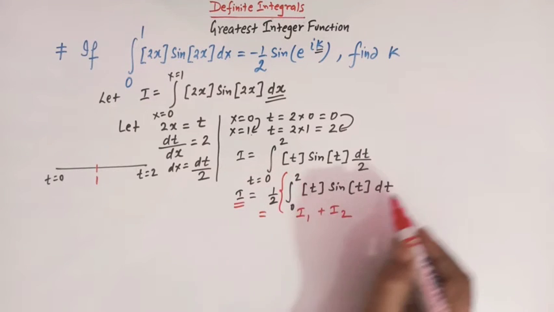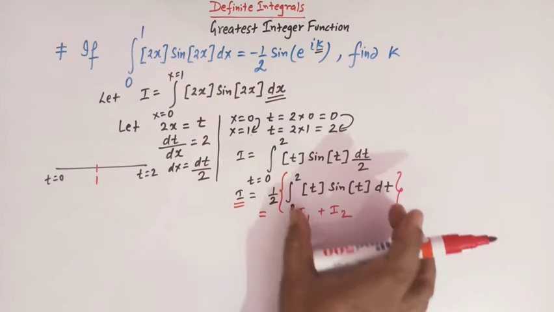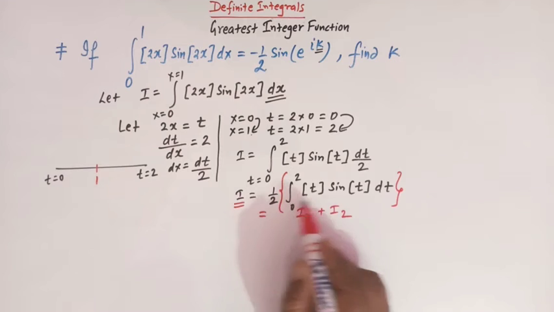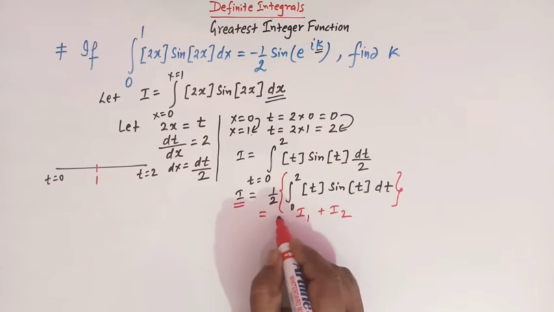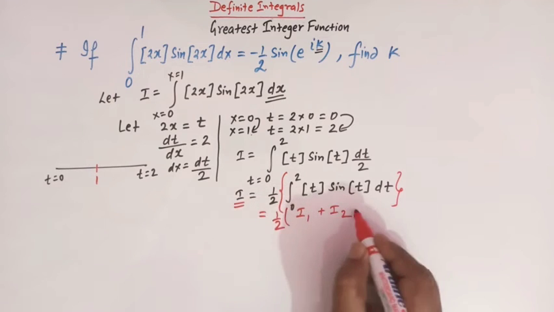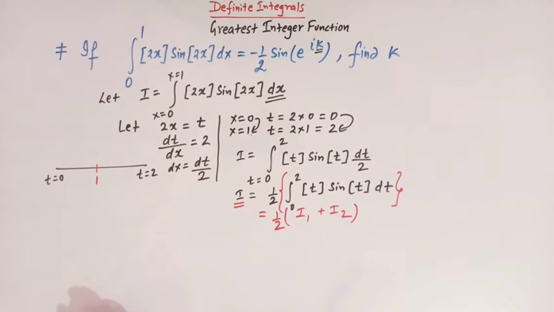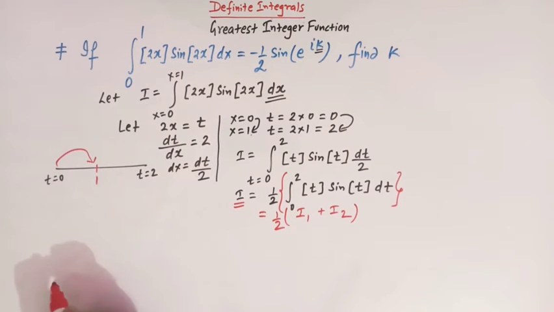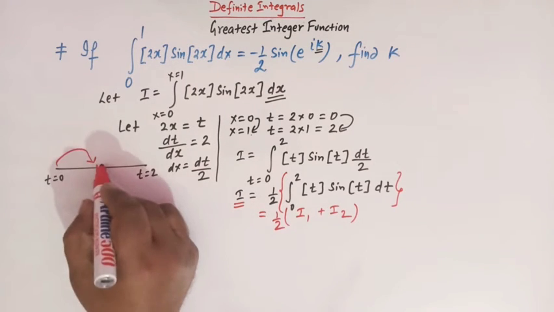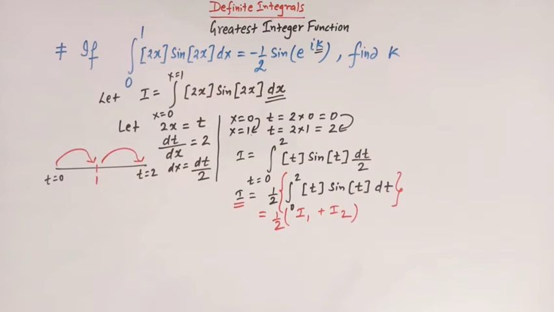So we have half of I1 plus I2, where I1 goes from 0 to 1 and I2 goes from 1 to 2.